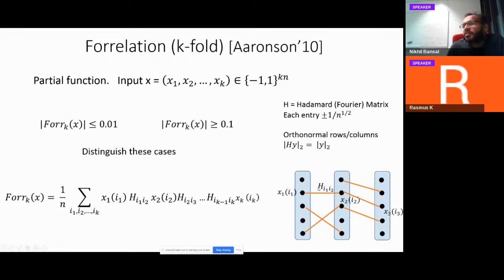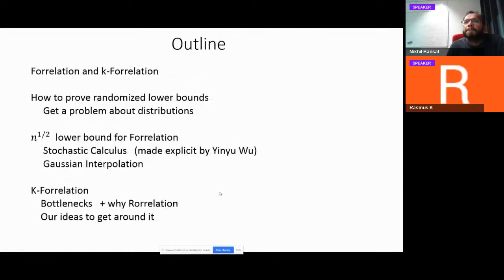You multiply x1 i1 times x2 i2 times x3 i3 times the edge weight, which is this Hadamard weight, and you sum them up. So it's some kind of tensor, and we'll see later why this comes up naturally. For now, you just need to know what correlation is. So I just defined what correlation and k-correlation are.